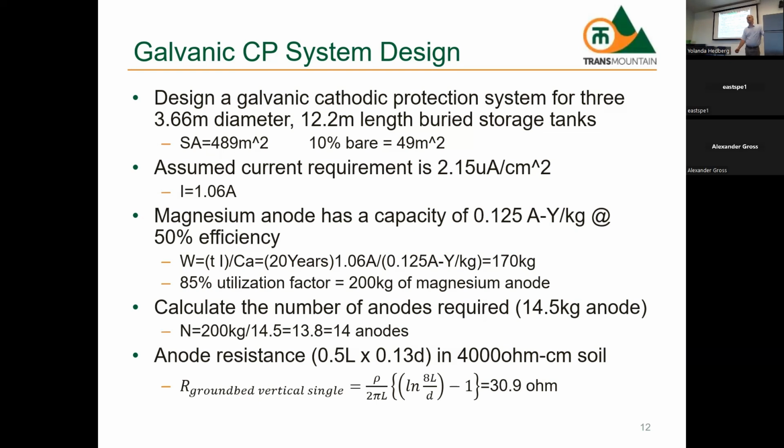So if you're in Alberta and it's a nice juicy soil in a farmer's field, you could get 1,500, 2,000, 2,500 ohm-centimeters, which is perfect for galvanic. But it depends on the moisture, right? Correct. So if you have years of drought, then your galvanic system is not going to work very well.